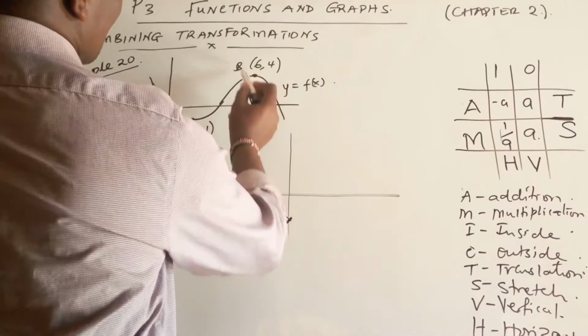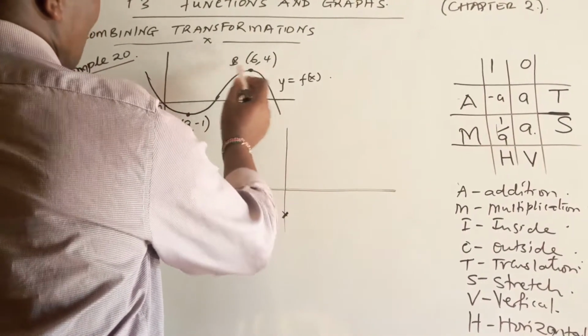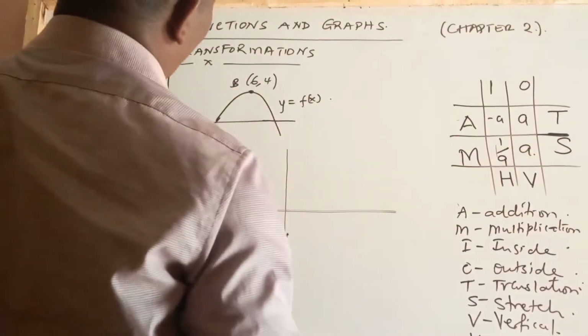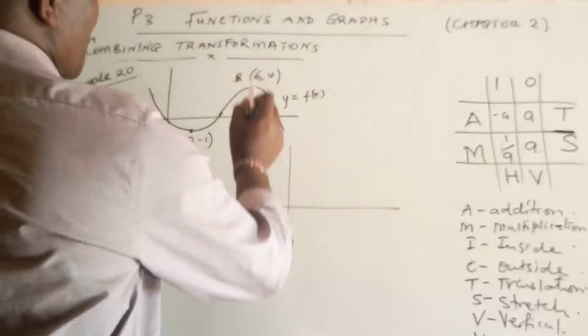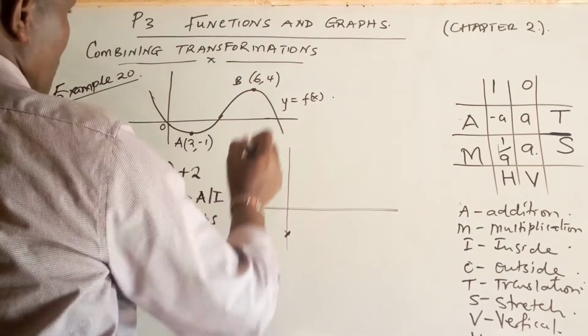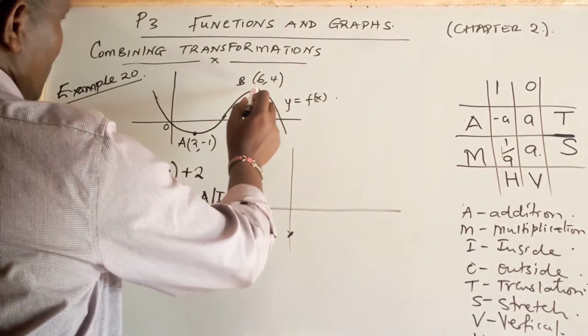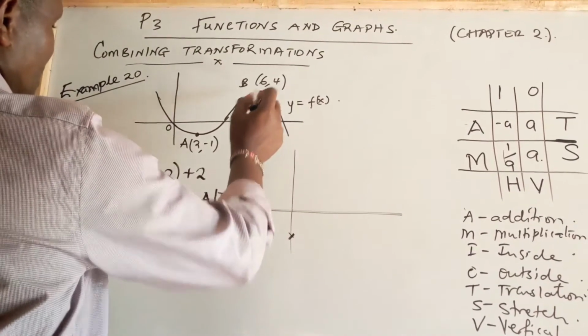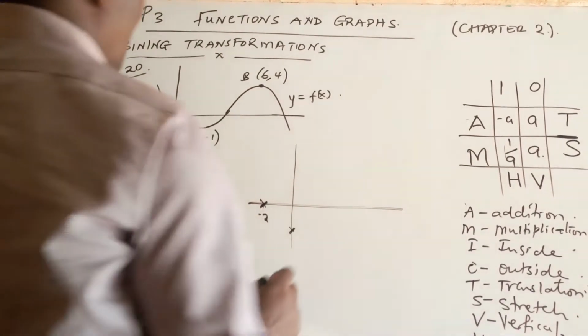But what we are interested in is this part, because point B is already labeled (6, 4). The x value of point B is 6. 6 minus 2 becomes 4.